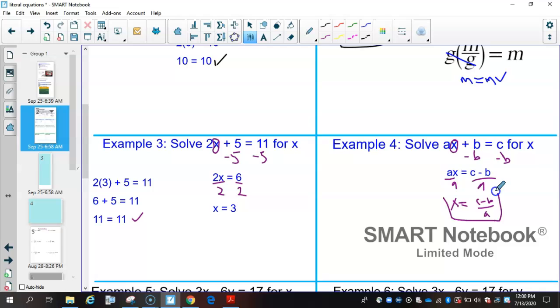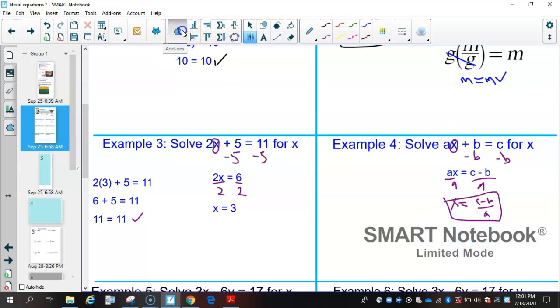X is by itself, it's isolated, so I can say that we have solved for x. And then just like I did for example 2, I'm going to go ahead and double check this to make sure this works.